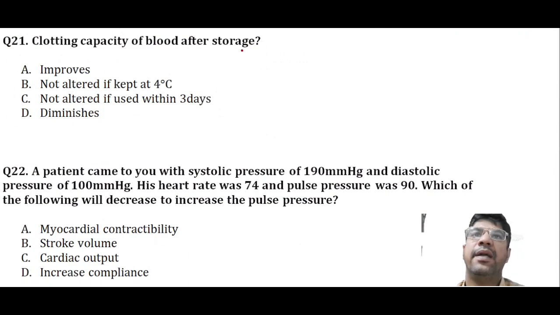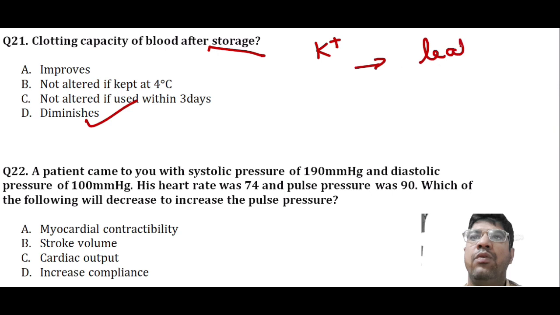Clotting capacity of blood after storage diminishes. When blood is stored at cold temperature, some changes occur over time. Potassium, a key electrolyte, leaks out of the RBC.